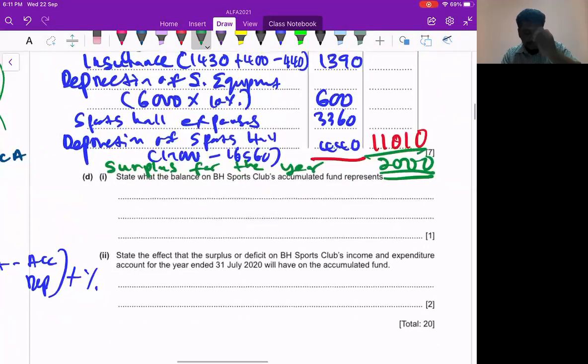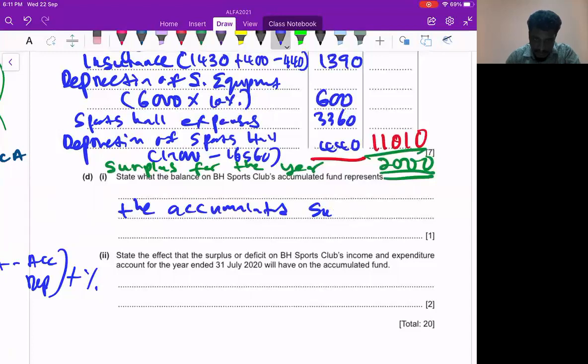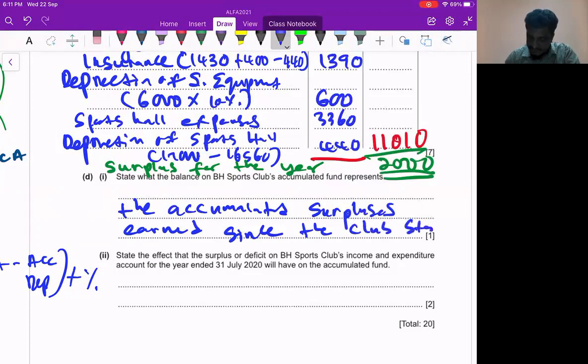Okay, next question, D. State what the balance of the BH Sports Club accumulated fund represents. So they want you to say, what is the meaning of the accumulated fund? The accumulated fund is the accumulated surpluses earned since the club started.